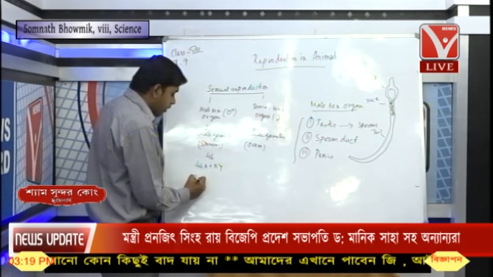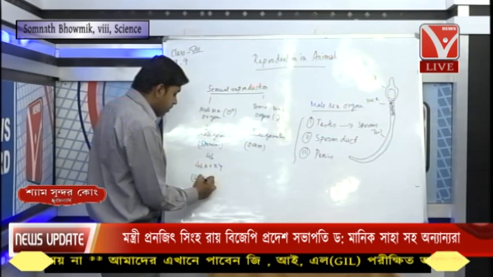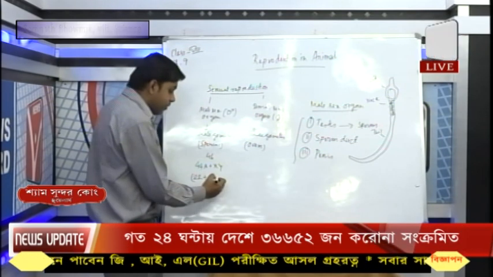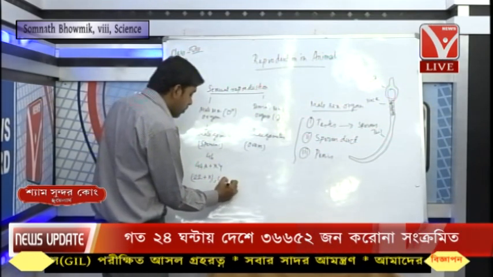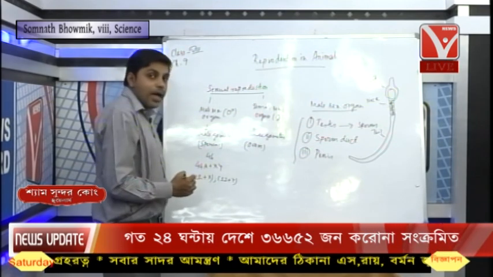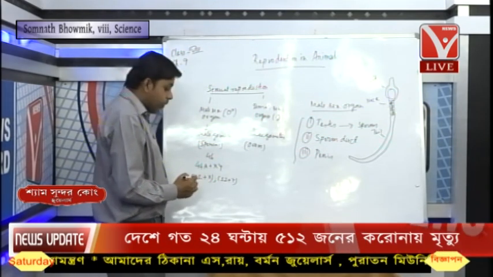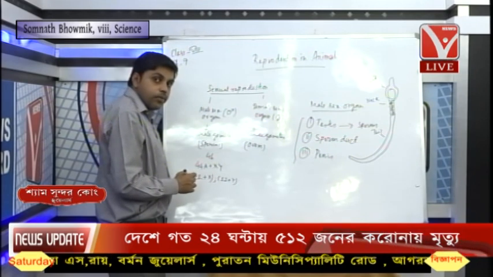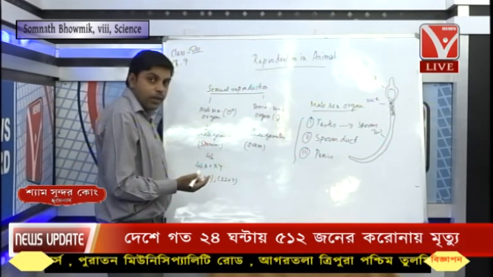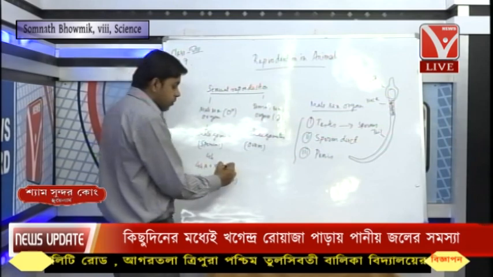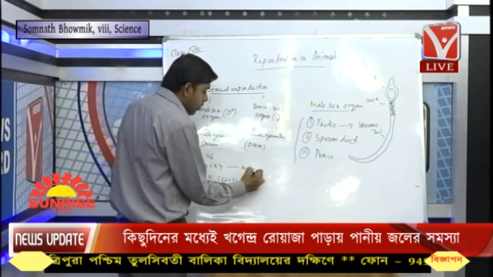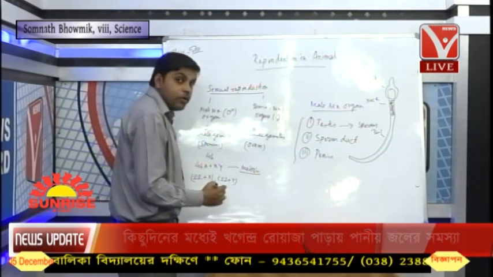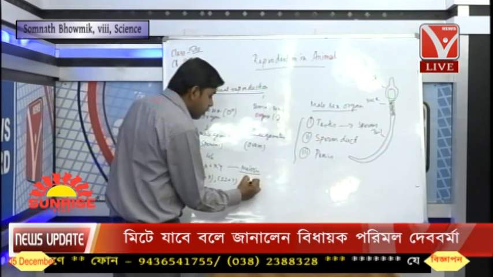We can say that 22 plus X is one gamete, and 22 plus Y is another gamete. Because in sexual reproduction, the cell divides through meiosis. Meiosis is also known as the reduction division.